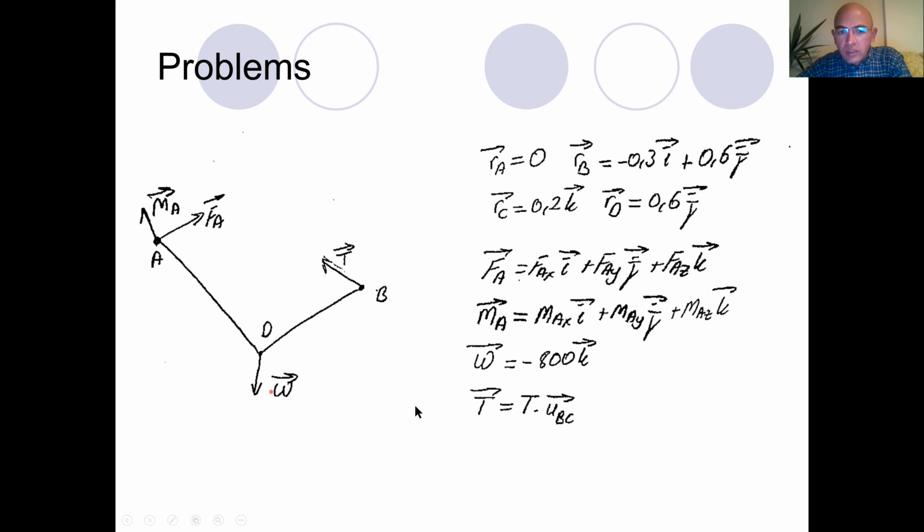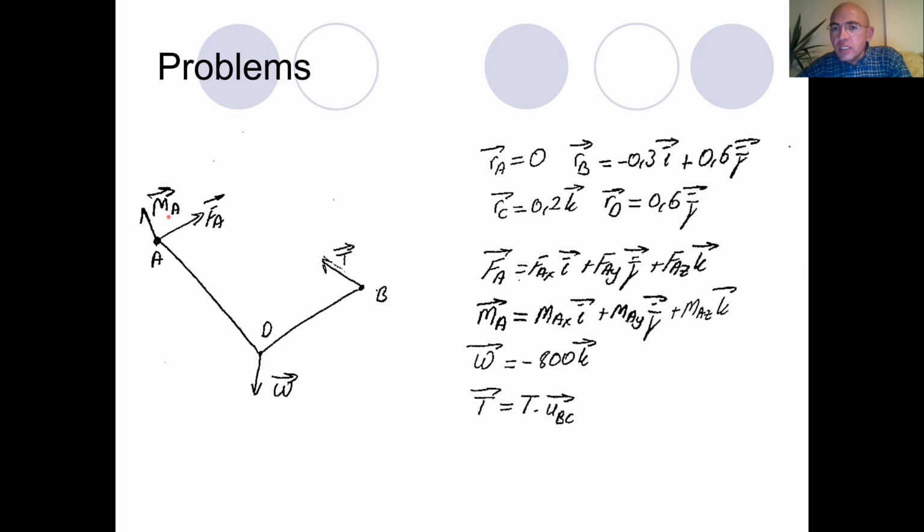Certainly, I have a weight here, W. I have a tension force at point B coming from the cable. Certainly, I say that this junction, the corner is labeled as D. I give a label there in order to simplify the things. And at point A, I have a reaction force and the reaction moment.